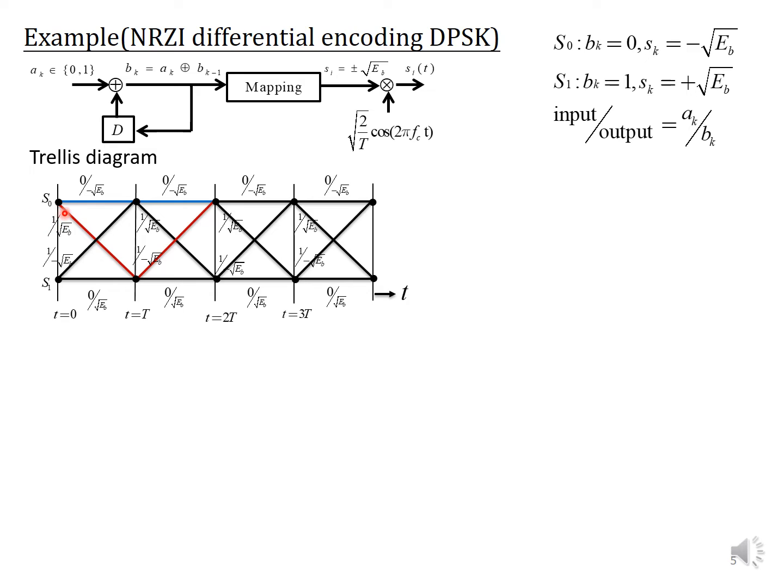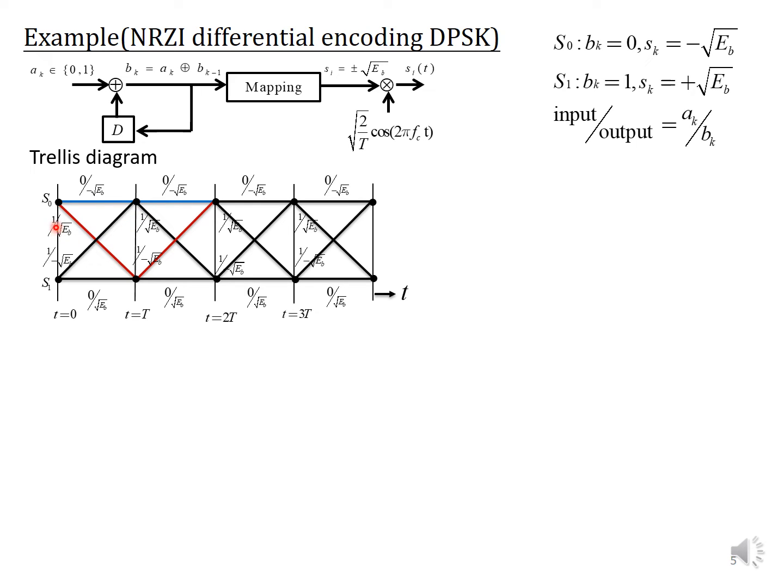When there's an input of 1, the state transitions to S1. Similarly, when the previous state is S1 and the incoming bit is 0, the state remains unchanged, and when the incoming bit is 1, the state toggles.